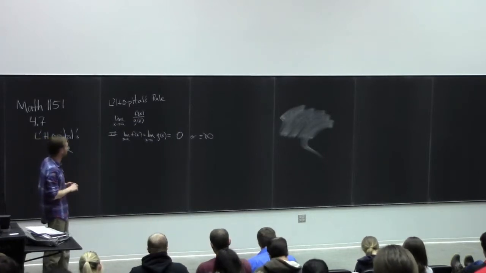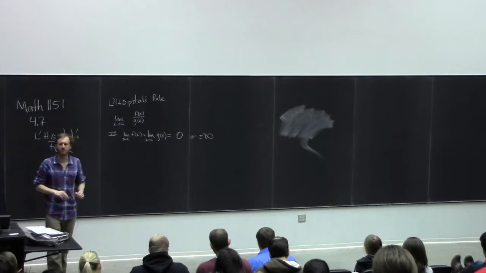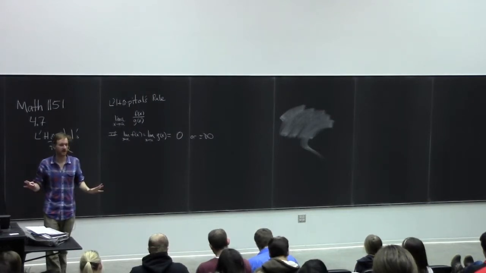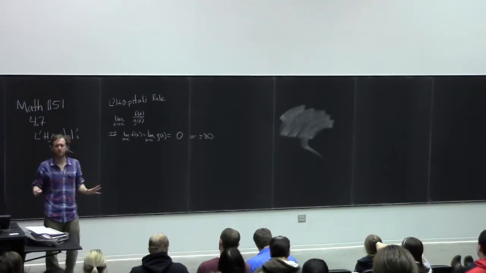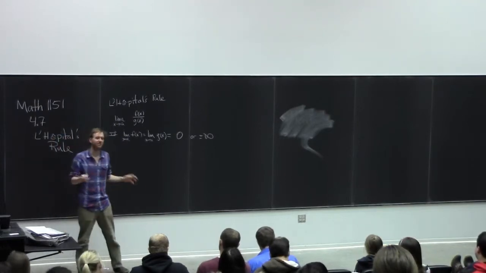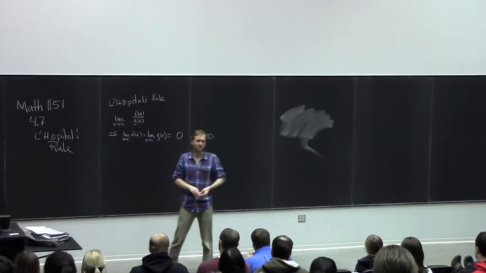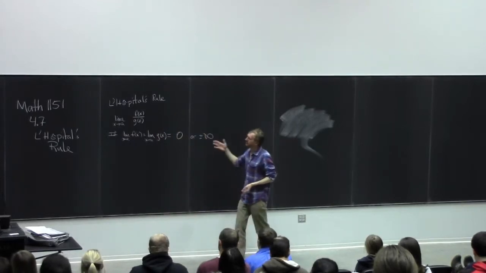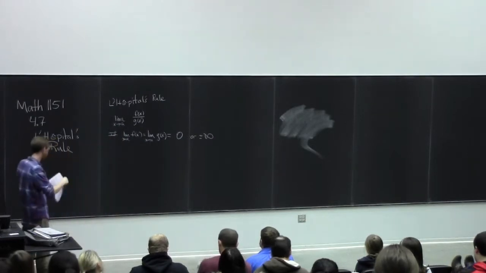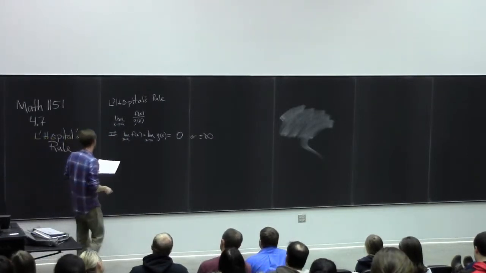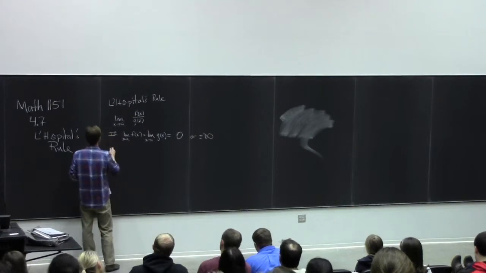The key thing here is that, look, if g of x goes to 0, then we have a problem, right? Because then we're dividing by 0, and we can't really use our limit laws. If both go to infinity, we still have a problem, all right? And so L'Hopital's rule allows us to evaluate limits when they would ordinarily be problematic.